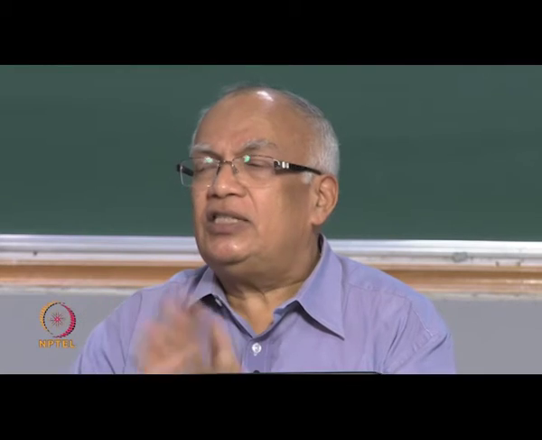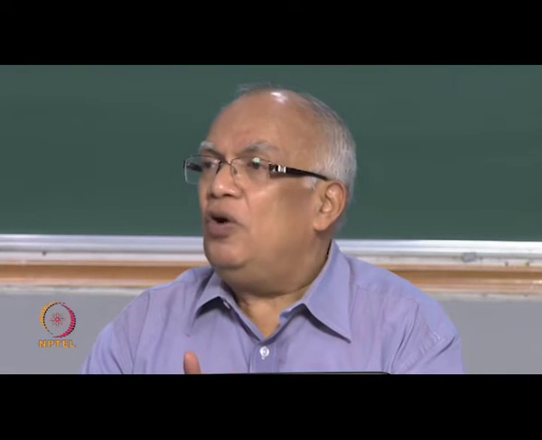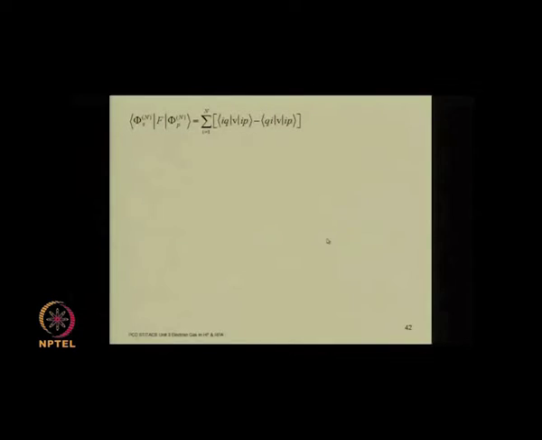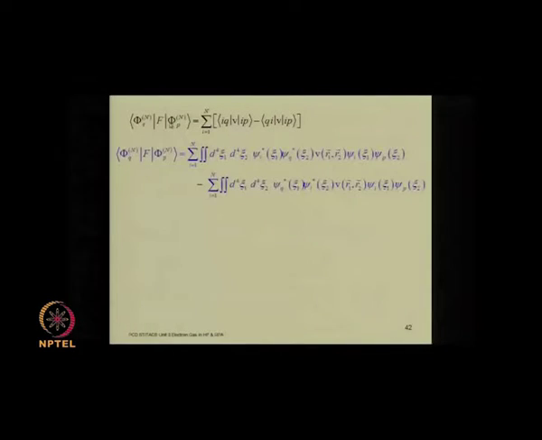The state psi p was occupied in the ground state, now its occupation number is 0. Instead, it is the occupation number of psi q which is equal to 1. So, the matrix element of the operator f in these two states is given by this. This is the relationship that we discussed extensively in our previous class, and using this we write these.